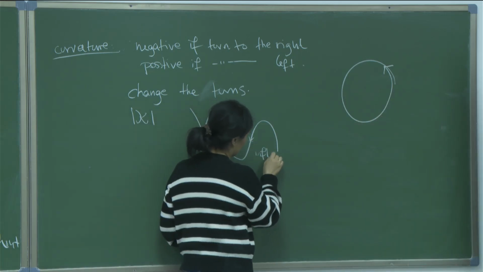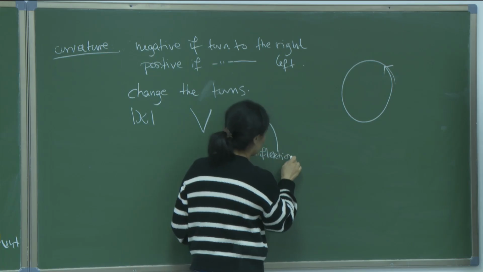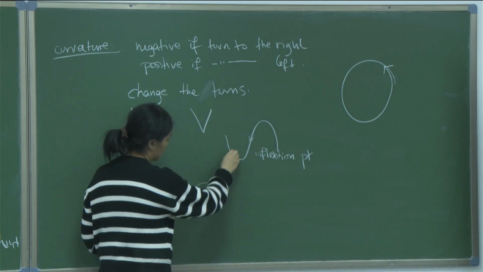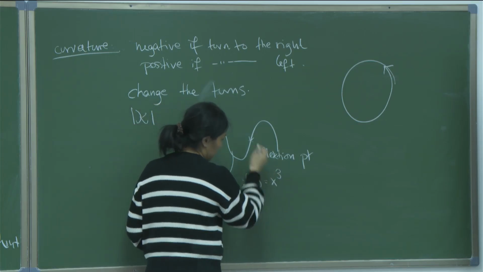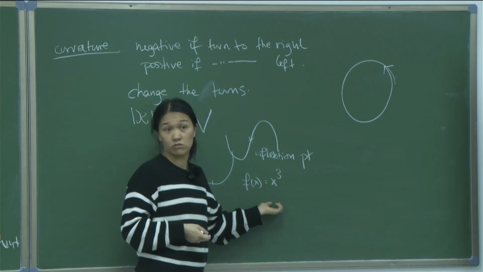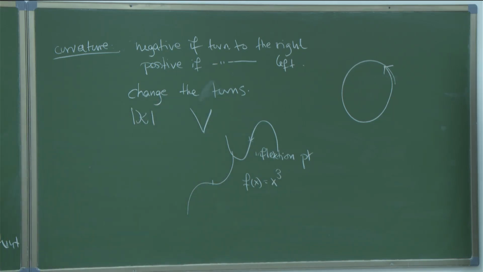Okay, inflection point. And I think this should be an X. Right? So basically, it looks like x to the 3, yeah? Why? Because the curvature is second derivative, and second derivative should be 0. Okay, it should look like such a thing.